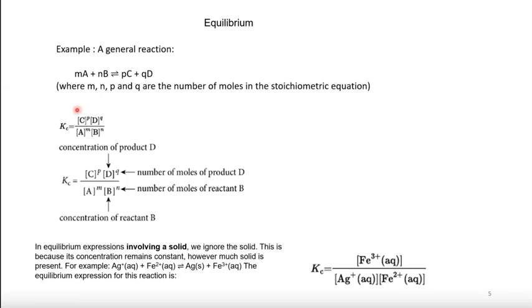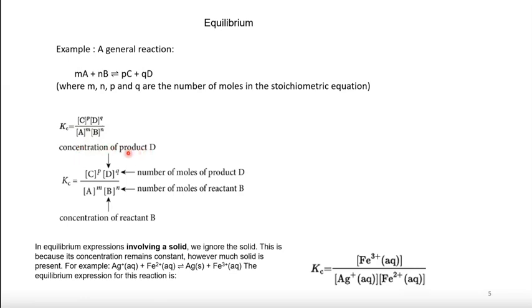Kc is the symbol of the equilibrium constant, which is equal to the concentration of products raised to their moles, divided by the concentration of reactants raised to their moles. That is, the concentration of product C and product D with their moles, divided by the concentration of A and its moles and the concentration of B and its moles.